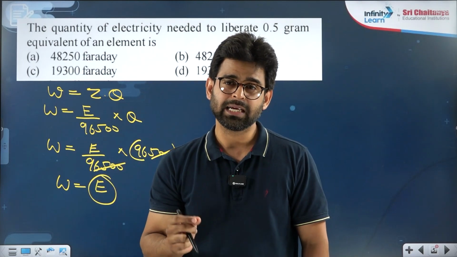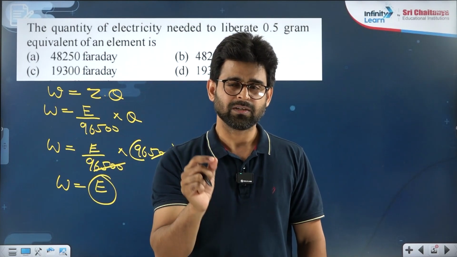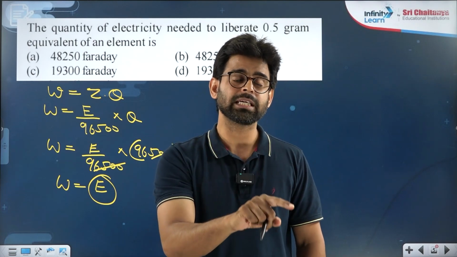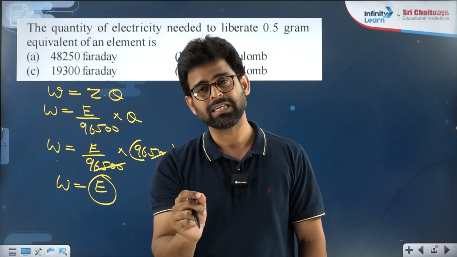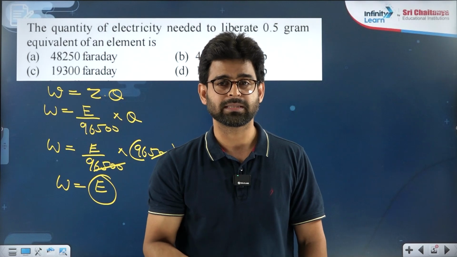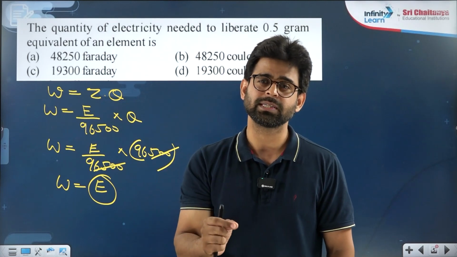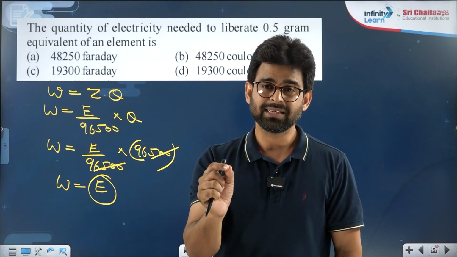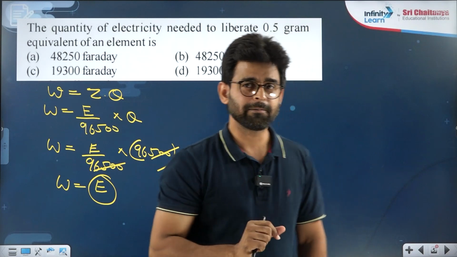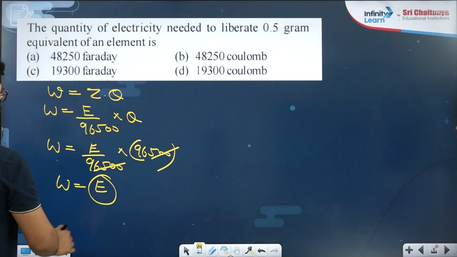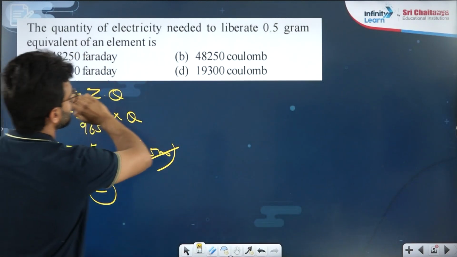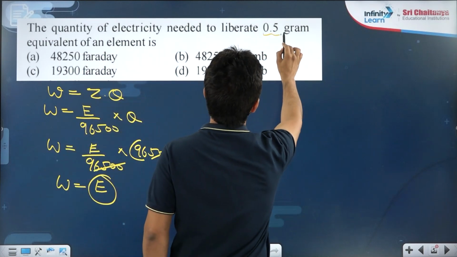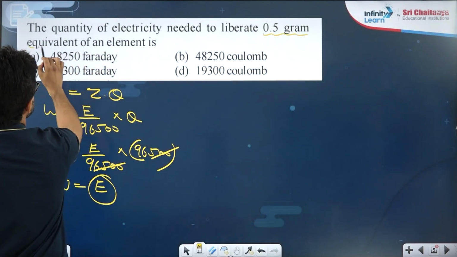I am saying once again, 1 Faraday charge will deposit weight equal to the equivalent weight of the substance, and according to the number of gram equivalents, 1 Faraday charge will deposit 1 gram equivalent of substance, right? Now understand carefully, they are depositing 0.5 gram equivalent of an element.